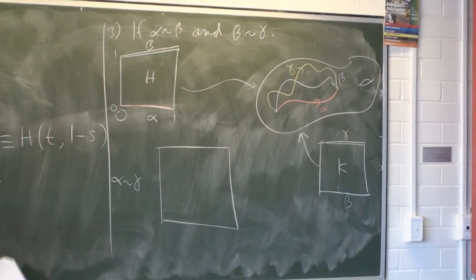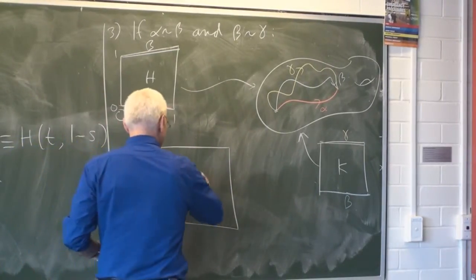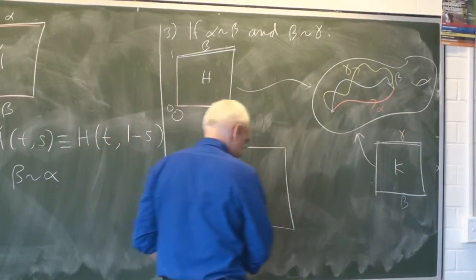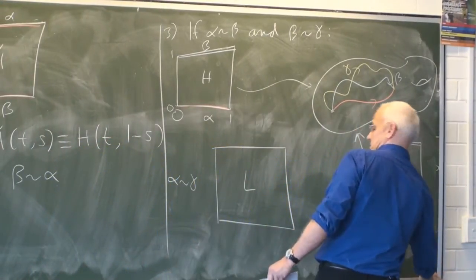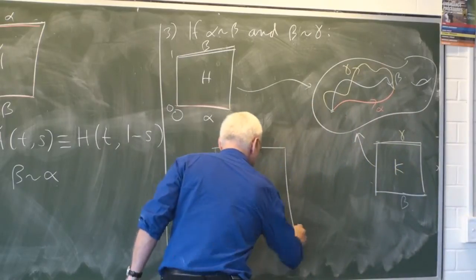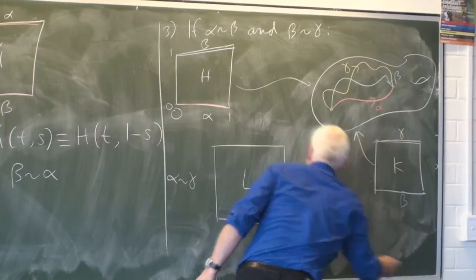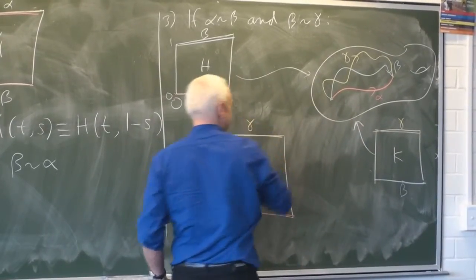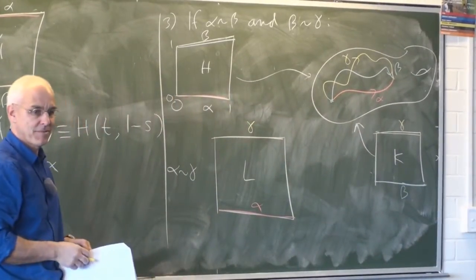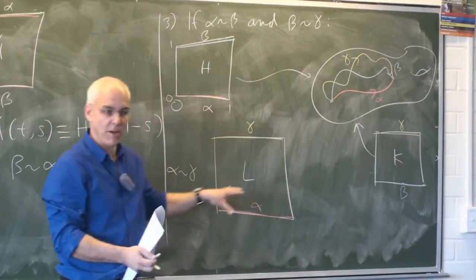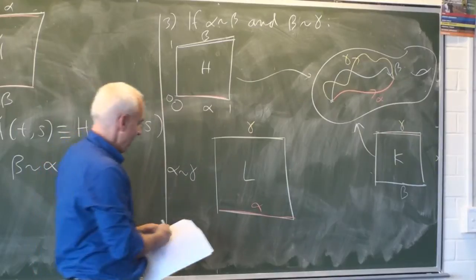And what does that mean? Well, that means that we have to cook up a new homotopy, let's call it L, that starts at the bottom with alpha and ends at the top with gamma. And so what we do is we combine these two homotopies judiciously. And how do we do that?